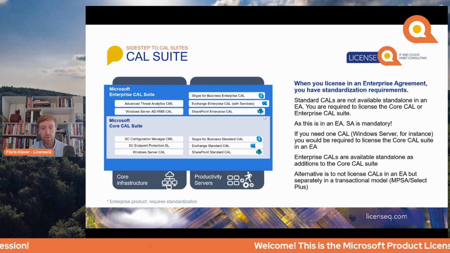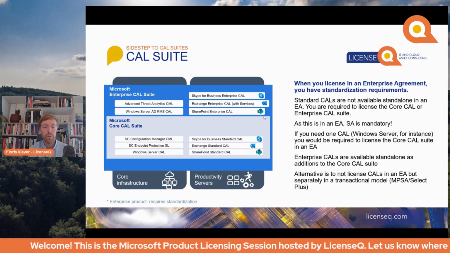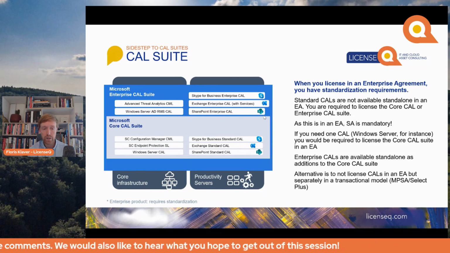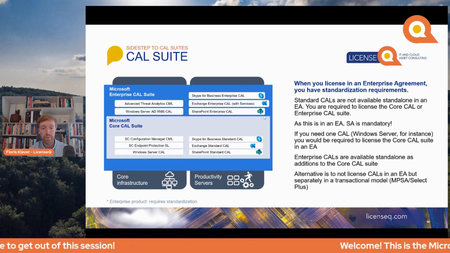So the core CAL suite is a suite of client access licenses that Microsoft deems important for any user within a large organization. It consists of the basic Windows Server CAL, so that you can access all Windows Server environments, but also the Skype, Exchange, and SharePoint standard CALs. Additionally, for some management of these devices or users, you have Configuration Manager and Endpoint Protection Manager.